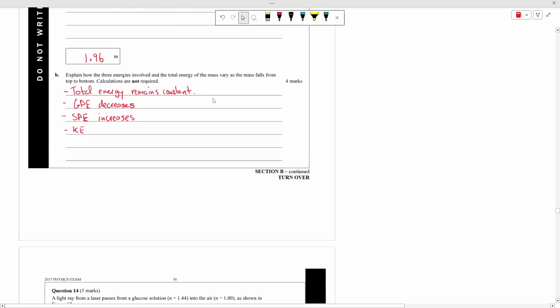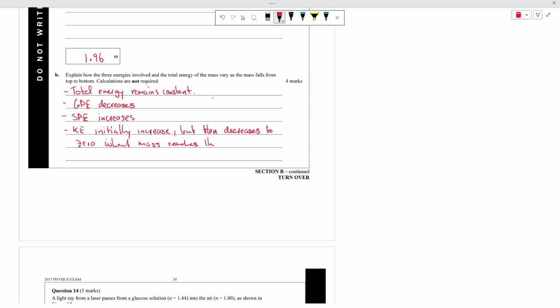So you can say that the kinetic energy initially increases, but then decreases to 0 when the mass reaches the bottom. Calculation is not required, simply just a description of what's going on here.